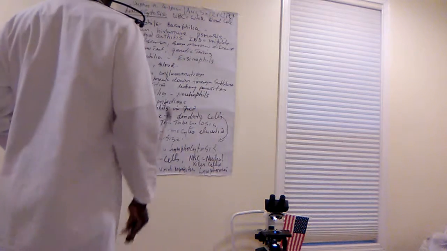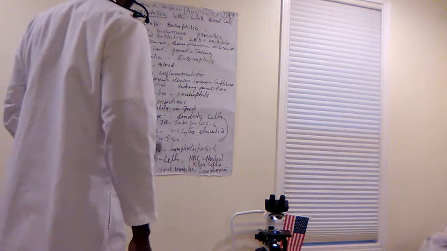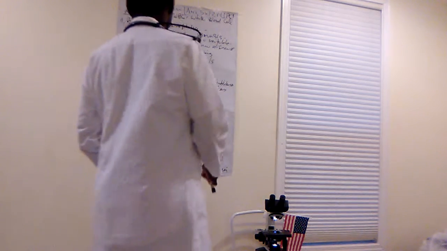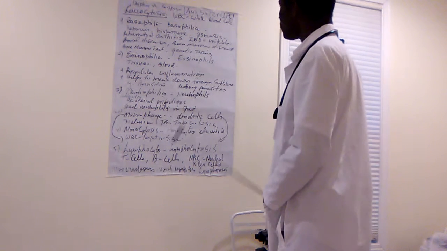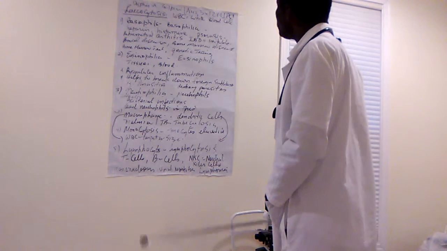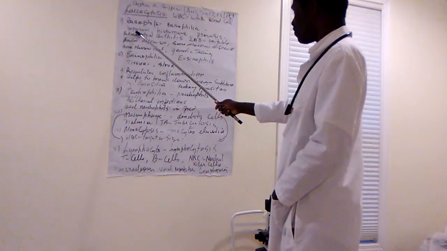And these basophils carry heparin and histamine to infection or inflammatory sites, such as psoriasis, rheumatoid arthritis, IBD, irritable bowel disease, and bone marrow disease. So these basophils, in the condition of leukocytosis called basophilia, carry this substance, heparin and histamine, to inflammatory sites.